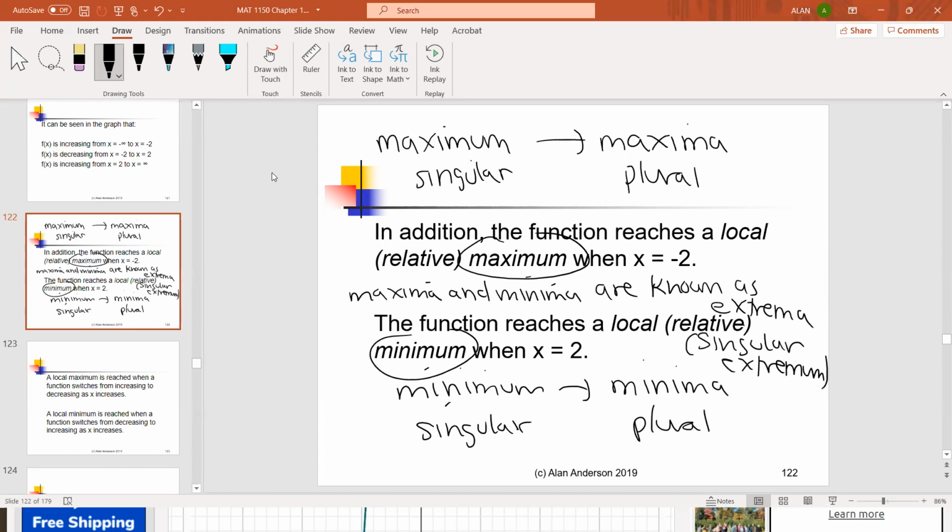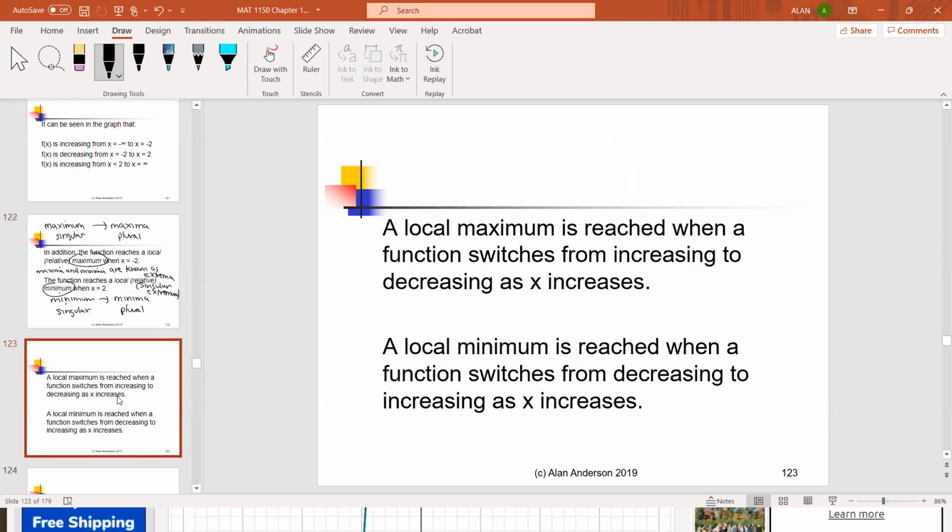Or think of them as extreme points. Okay, so in other words, a maximum obviously means the largest, minimum is the smallest, but extremum could go either way. All right, I just wanted to throw that in there because we're going to run into these words again and again.